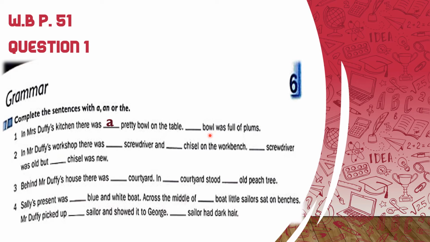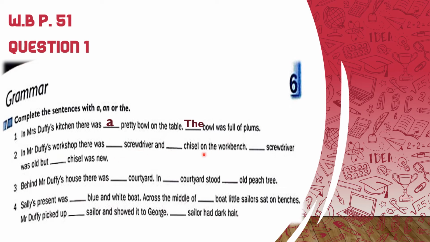Here we have the bowl was full of plums. We know which bowl we are talking about, so we have to use the: the bowl was full of plums. Number 2, in Mr. Duffy's workshop there was what?